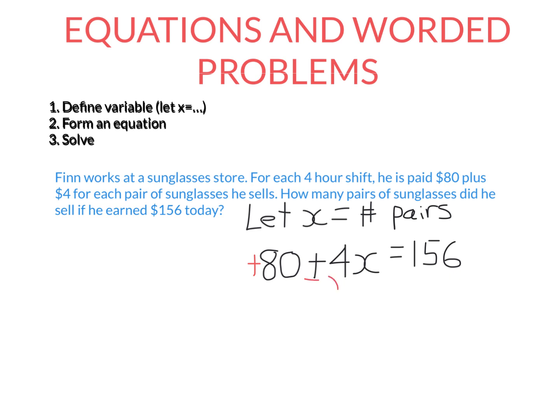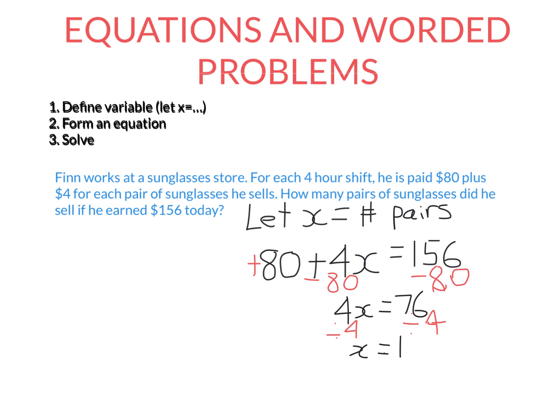We're going to first subtract 80 from both sides of the equation. What you do to one side of the equation, you must do to the other. So we're left with 4x equals 156 minus 80. Now we undo timesing by 4 by dividing by 4. So x is 76 divided by 4, which is 19.